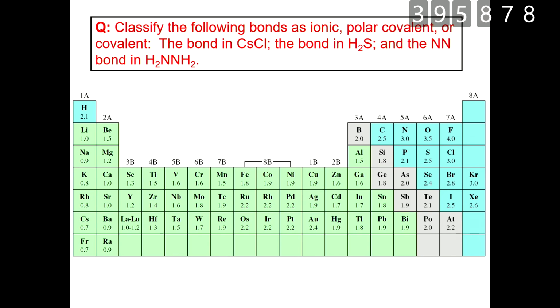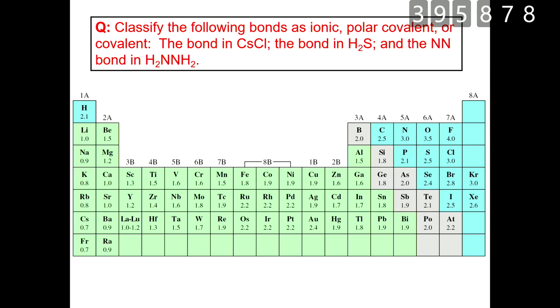It's between 0 and 2, so it should be polar covalent. But it's H2, and the 2 does not affect anything. I thought maybe H2 is like the structure.